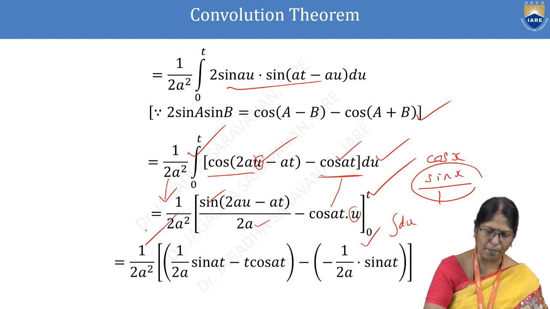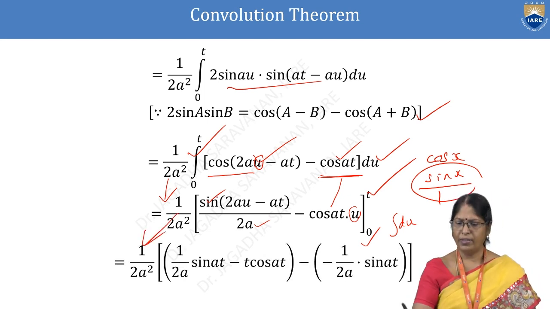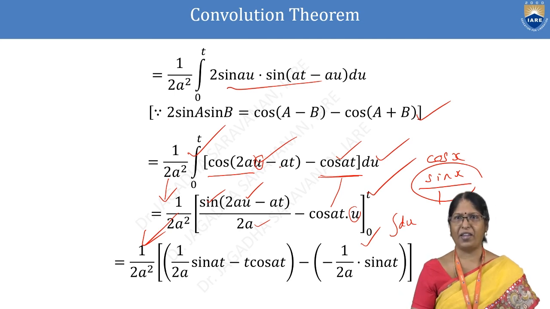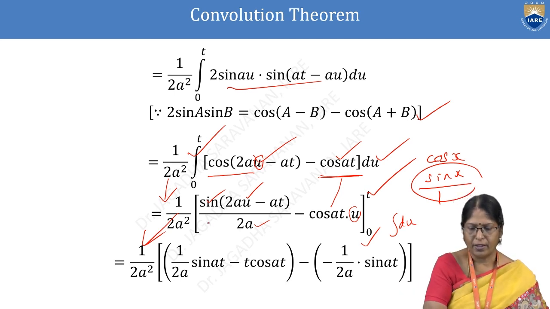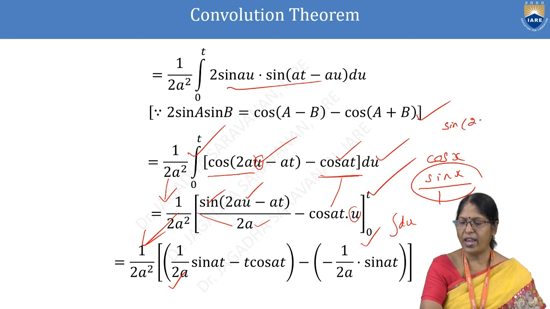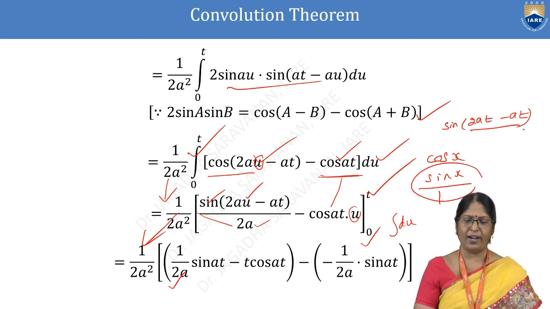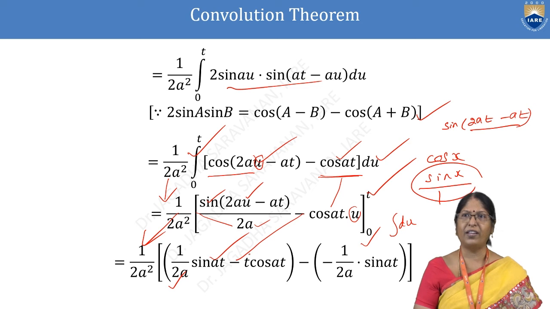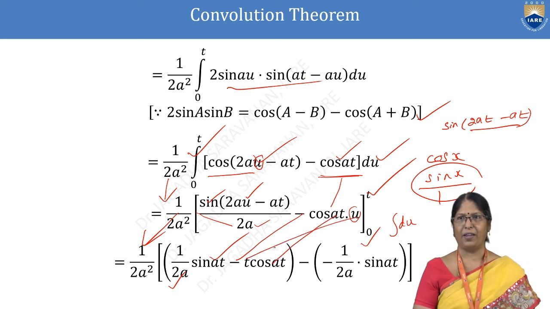Now this 1 by 2a square. The upper limit is t, that means in the place of u, we will apply t. So when we are applying this, 1 by 2a is written as it is, sine of 2at minus at. So 2at minus at is nothing but sine at. Here this minus is as it is, cos at as it is, and in u place we applied t.